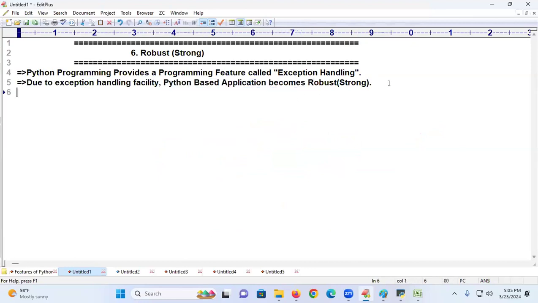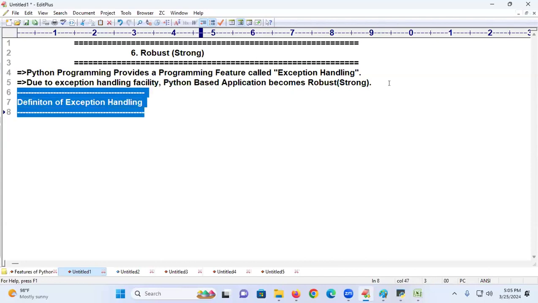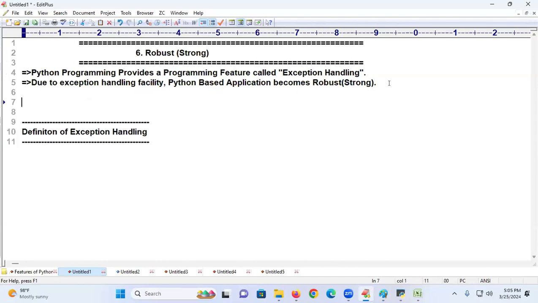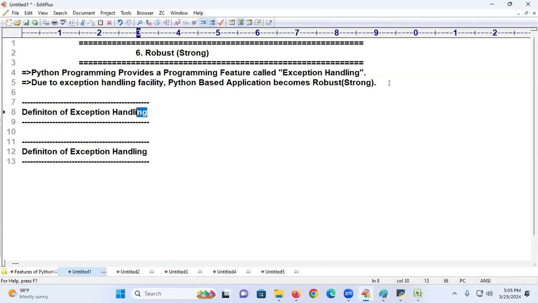Now I'm going to give you a beautiful definition of exception handling. Definition of exception also I'm going to give you. Two things, exception and exception handling.